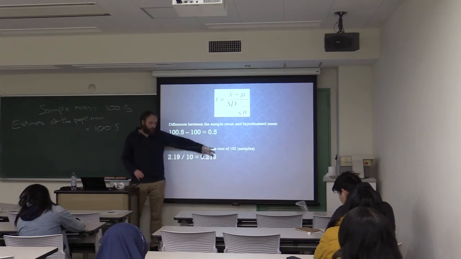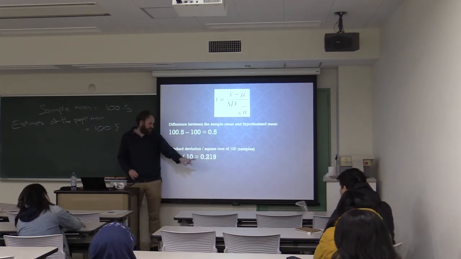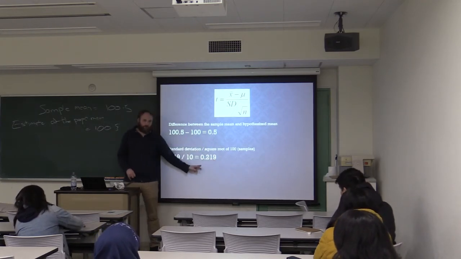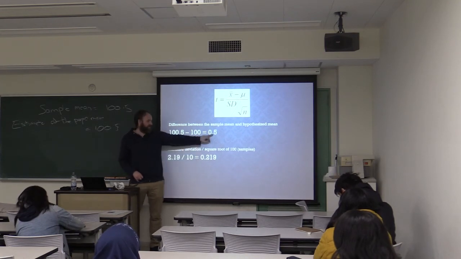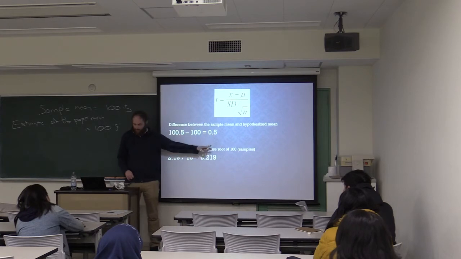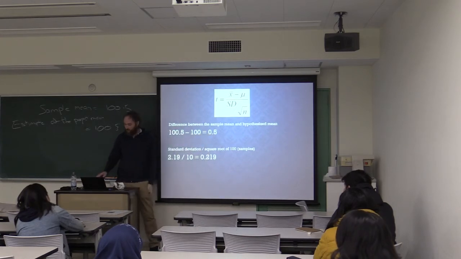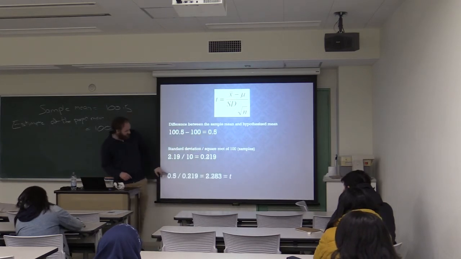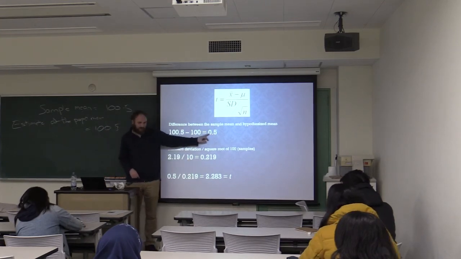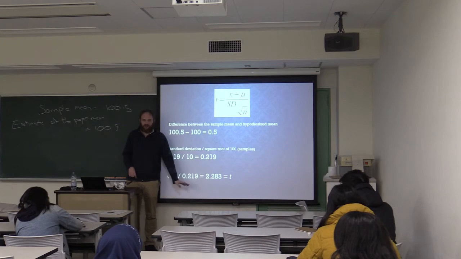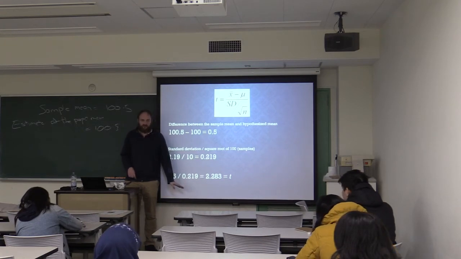So this is one standard error. One standard error is 0.219. How many standard errors is this? So we divide the 0.5 by 0.219, and we find that this difference is 2.283 standard errors.